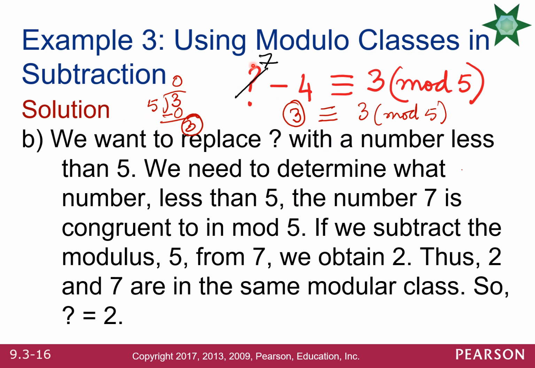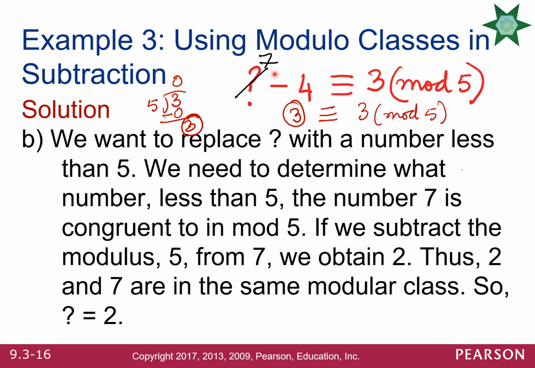However, this 7 is a value greater than 5. So we have to subtract a 5 from this 7 to get a value less than 5.